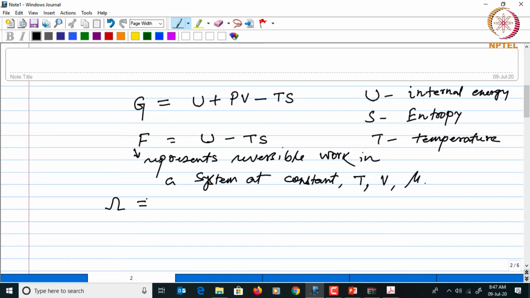So this is given as F minus G, and if you substitute G and F over here, you will get omega equals minus PV.